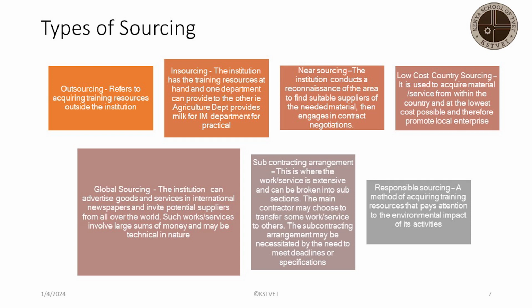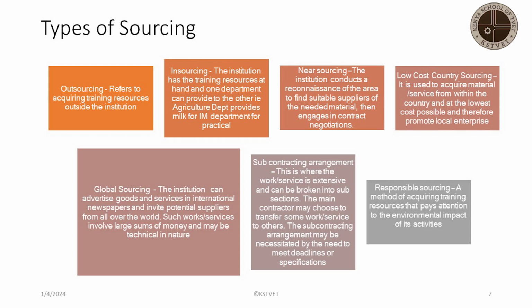It is used to acquire material or service from within the country and at the lowest cost possible, and therefore promote local enterprise. 5. We have global sourcing. The institution can advertise goods and services in an international newspaper and invite potential suppliers from all over the world. Such works or services involve large sums of money and may be technical in nature.